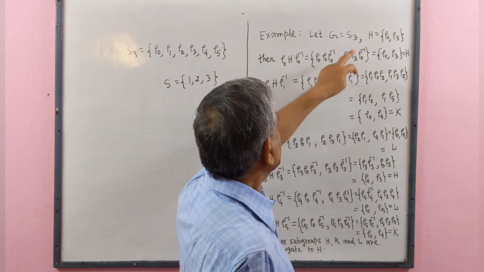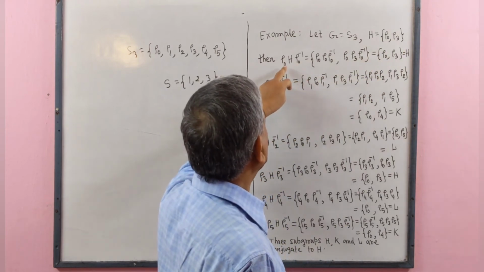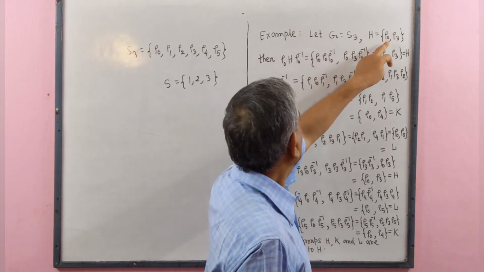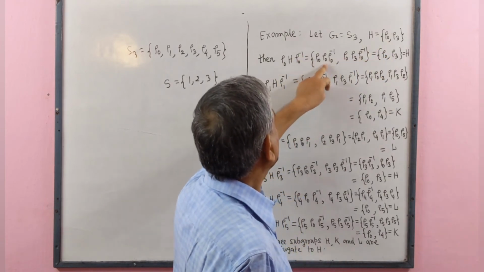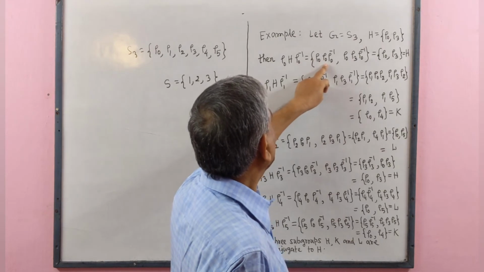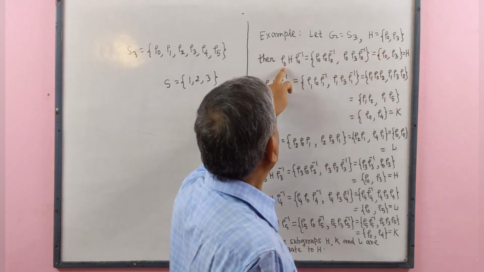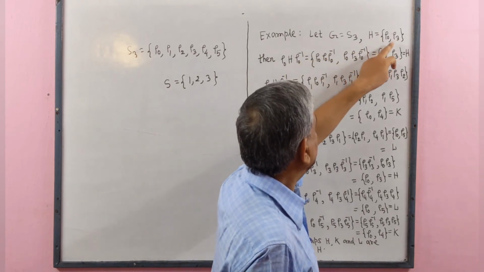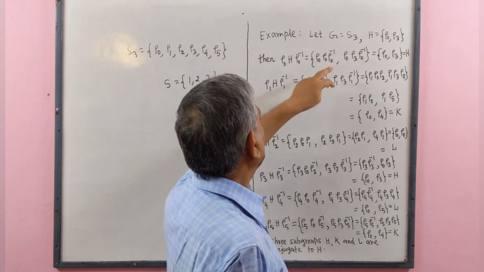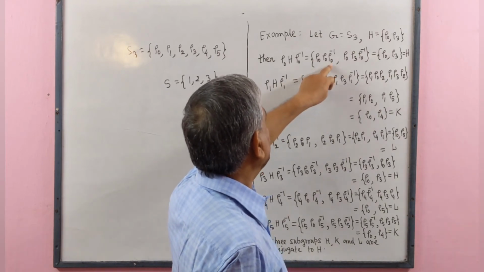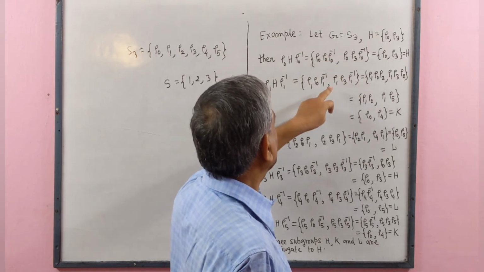Since H contains ρ0 and ρ3, firstly we take ρ0 ρ0 ρ0⁻¹, secondly we take ρ0 ρ3 ρ0⁻¹. Here ρ0 is the identity permutation, so the inverse of ρ0 will be ρ0.